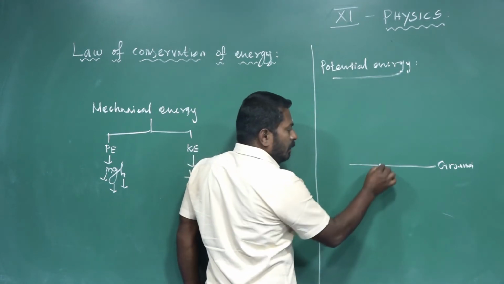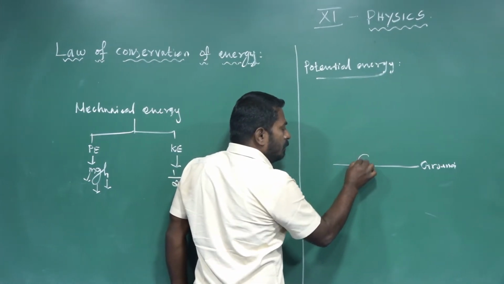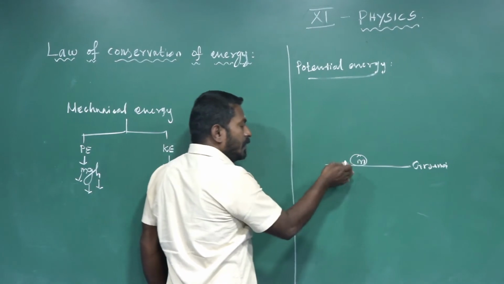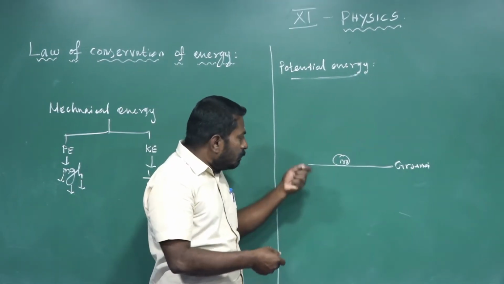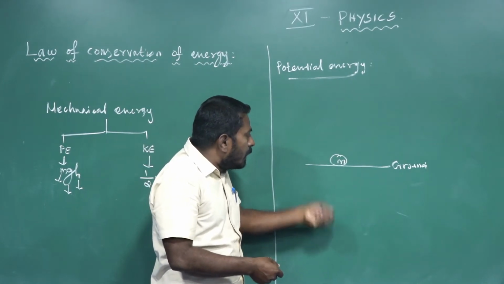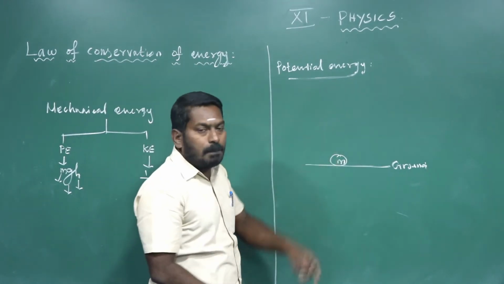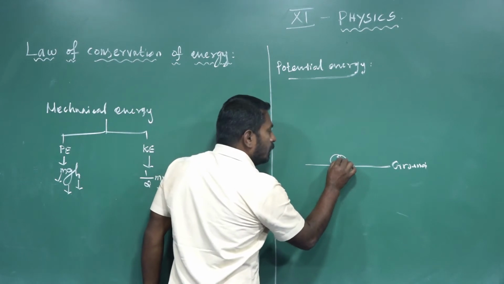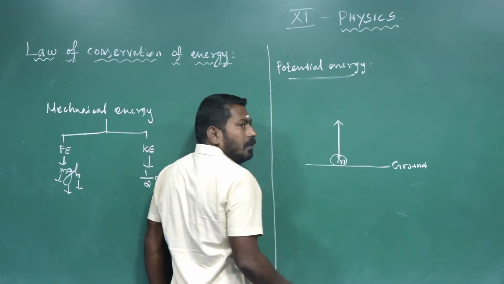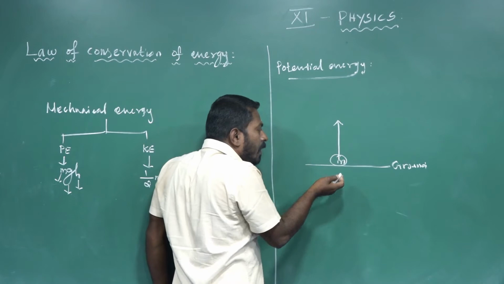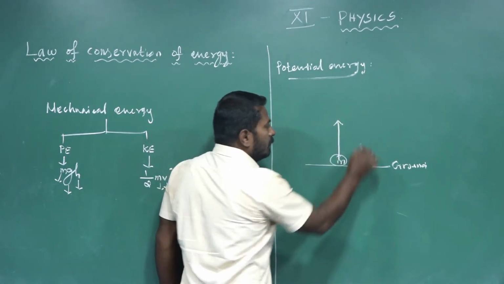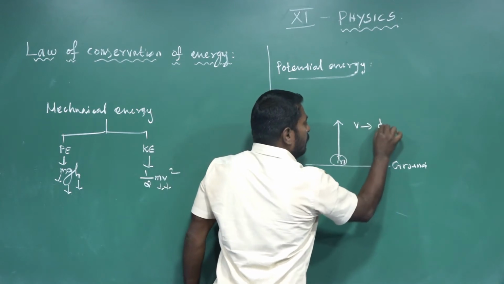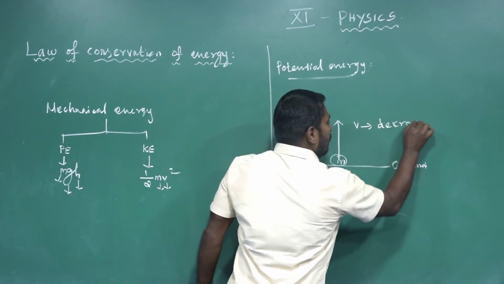For example, let me take an object of mass m initially placed at the surface of the earth, the ground. Now I give some initial velocity to that object, thrown vertically upward. During its motion, the velocity of the object decreases at a constant rate.